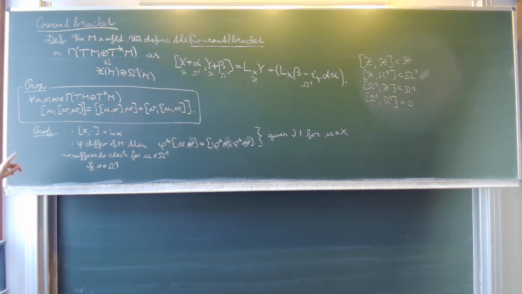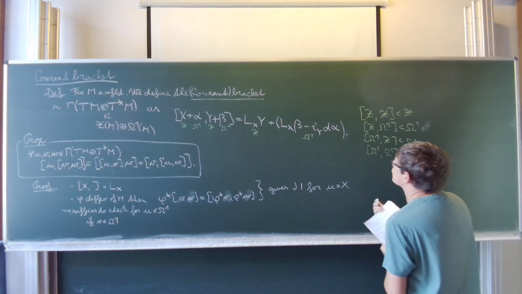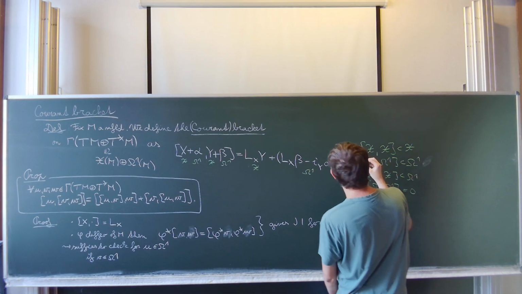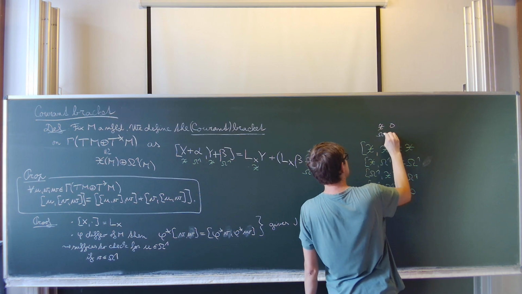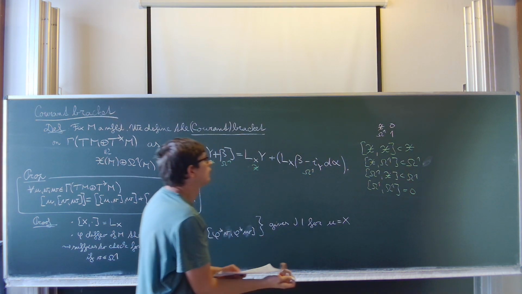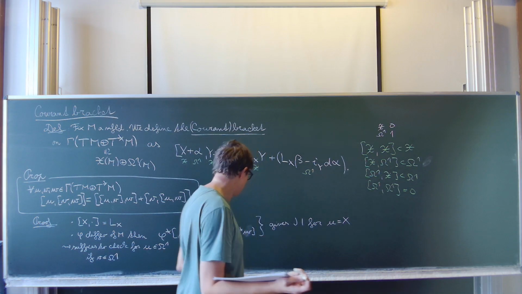Grading, it essentially tells us directly that, if you assign this guy degree 0 and this one degree 1, then the bracket preserves this grading, right? That's what this one tells you.